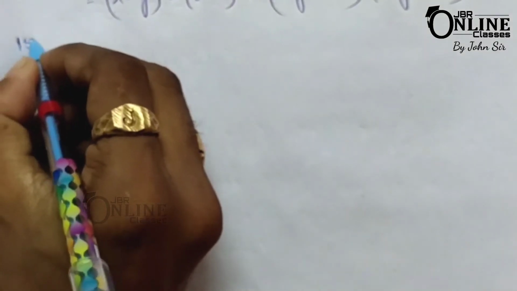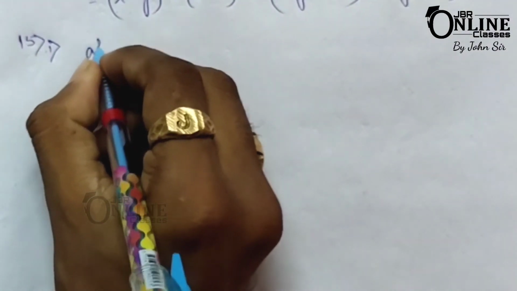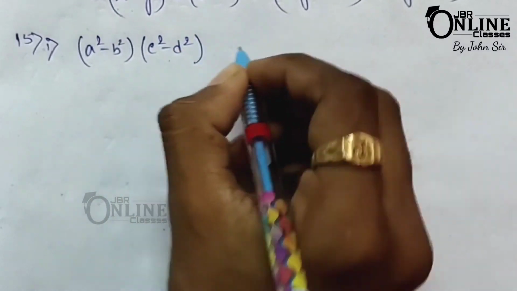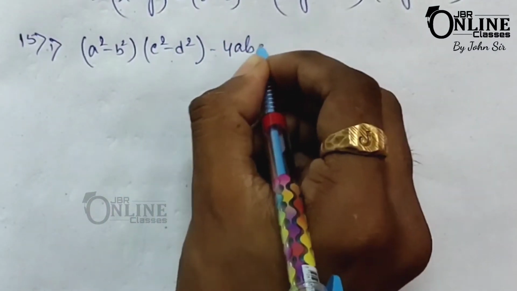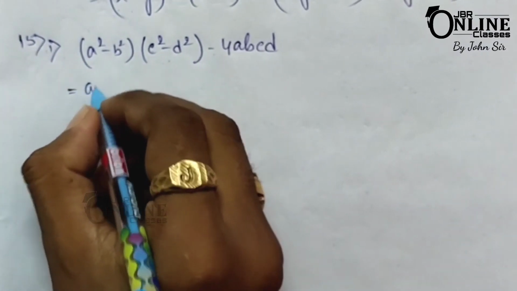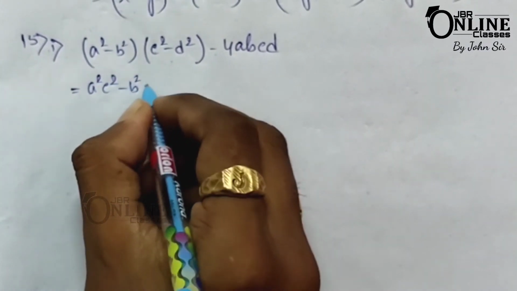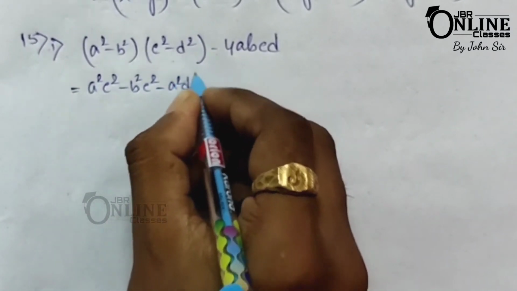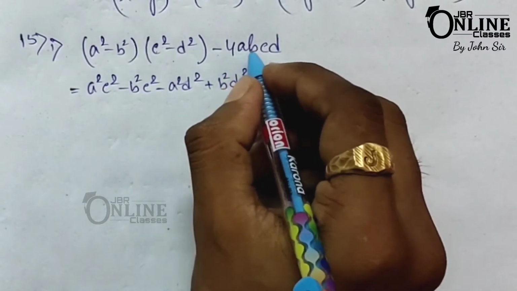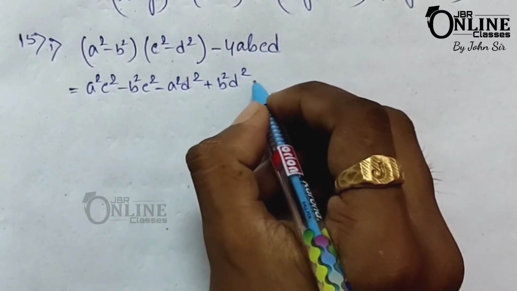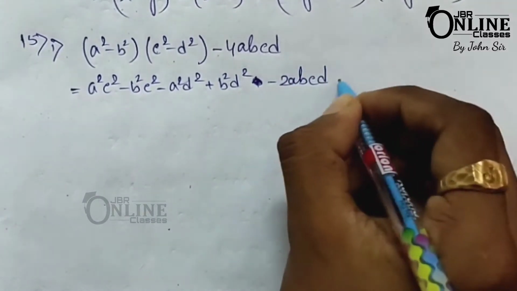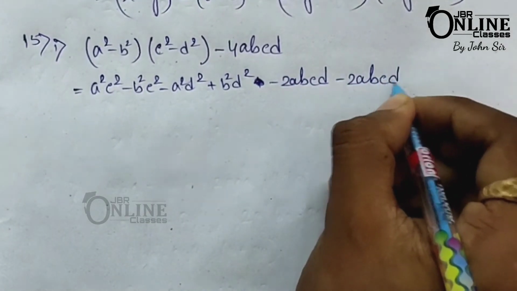Now sum number 15(1). In sum number 15(1), a square minus b square, and then c square minus d square, and then minus 4abcd. Okay, so just multiply c square into a square, so a square c square, then b square c square, then a square d square, and then plus b square d square. And as here 4abcd, just break down 4abcd into minus 2abcd and again minus 2abcd.